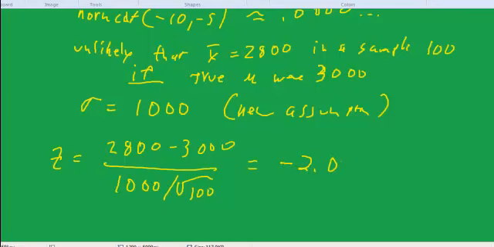That won't generate an absolutely tiny p-value. The p-value would be the norm CDF from, say, -10 to -2. We will call up a calculator.